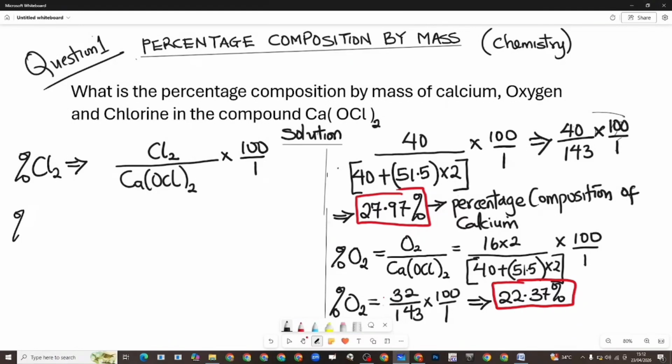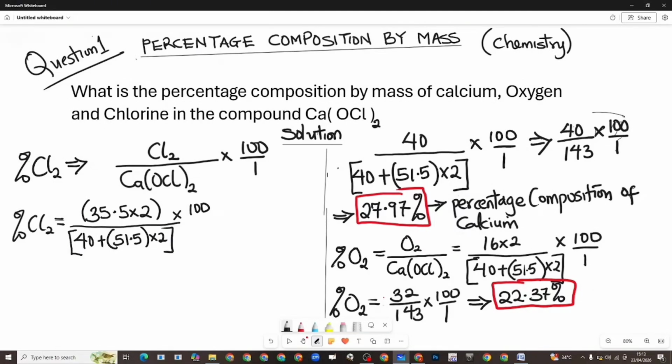So the percentage of chlorine is 35.5 times 2 over 40 plus 51.5 times 2, times 100 over 1.